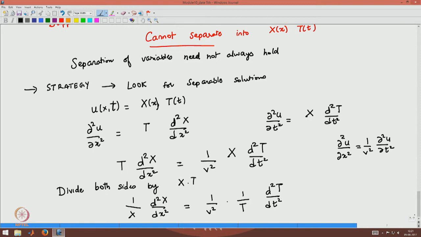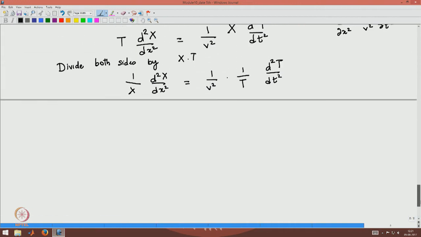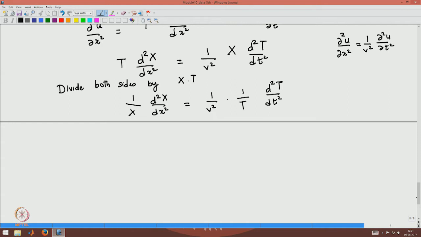Now this is the most important part of the method of separation of variables. Notice that the right hand side, we will just write it here, is a function only of time, because T is a function of time, d²/dt² of a function of time is also a function of time, and v is a constant.